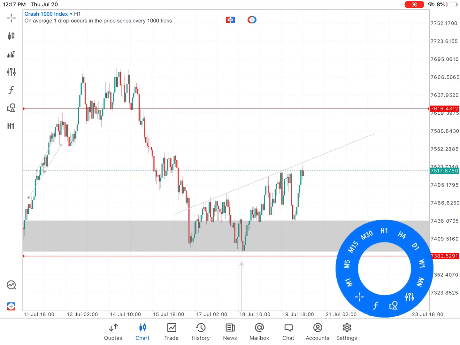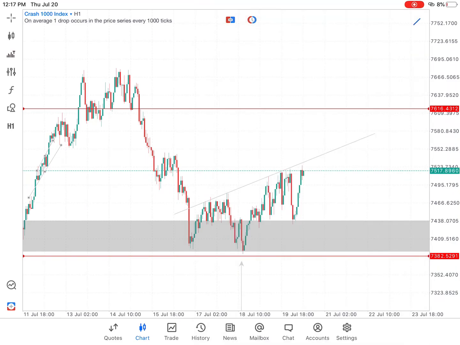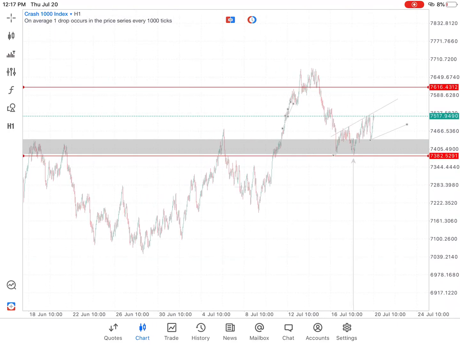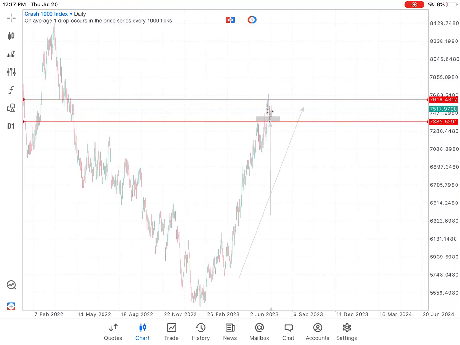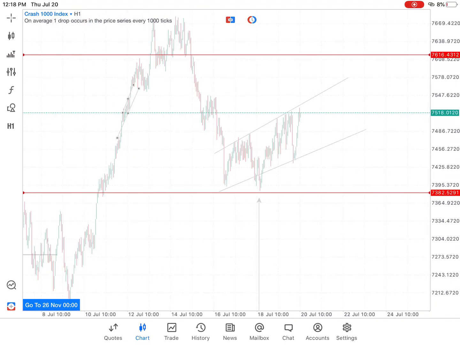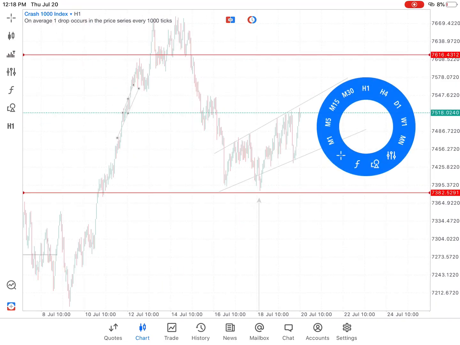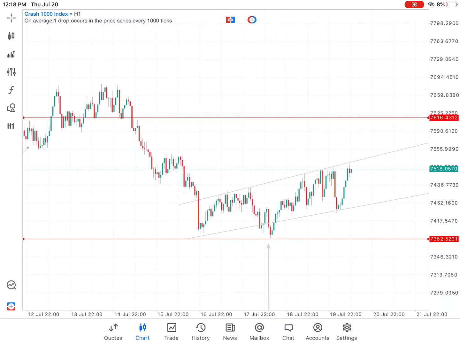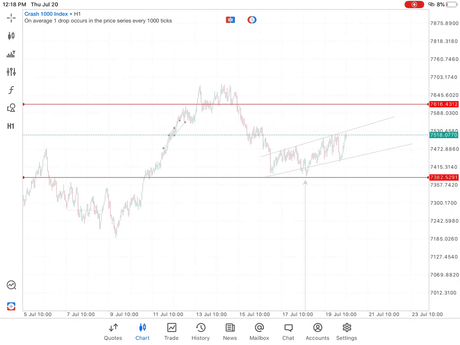We have a resistance there, and we have a support at this particular point. If I can just remove this rectangle, then move back. All right, so this is what we have. A minor support and a minor resistance.